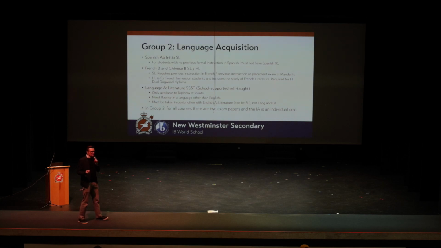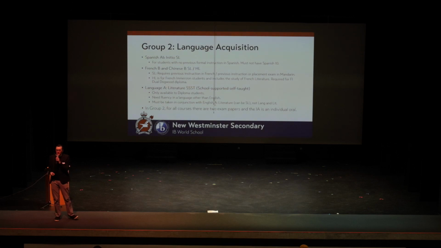So if you are a grade 10 student who has grade 10 Spanish right now or next semester, and you want to take Spanish in IB, you got to drop your grade 10 Spanish course because we have to kind of play by IB rules with that. So you must not have Spanish 10. With French, it's kind of the opposite, where French SL, or we also are going to offer Chinese B SL.